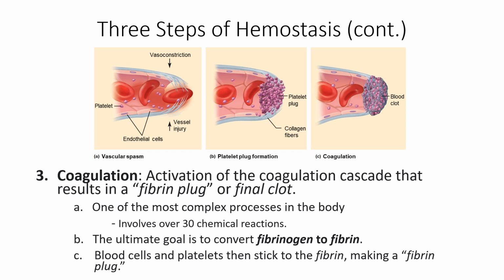I think if you remember from lab last week, I discussed this with you and told you it was the most complicated process in the body that we know of so far. It involves over 30 chemical reactions. The ultimate goal of this coagulation cascade is to convert fibrinogen to fibrin.